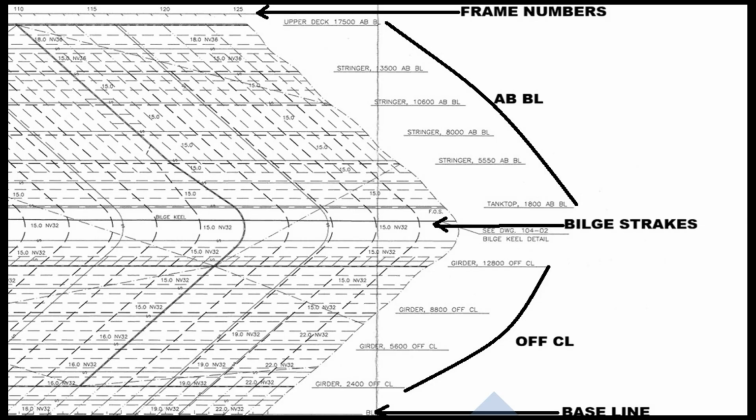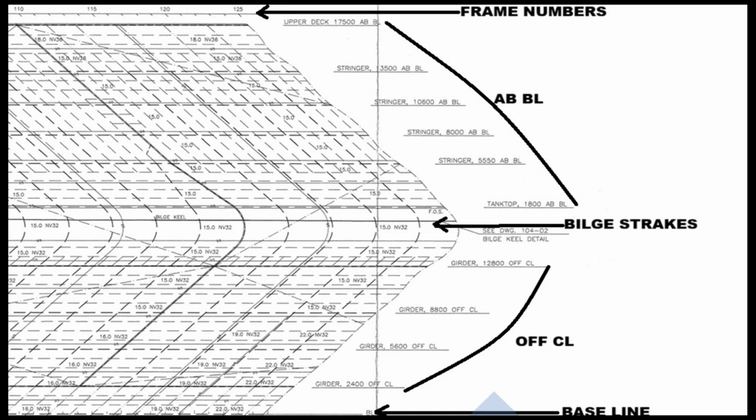Slide 21. Now let's combine everything we've learned and understand it on the actual shell expansion plan. Every location on a ship can be identified using 3 reference coordinates. The first coordinate is the frame number, which tells us the position along the ship's length. The second coordinate is ABBL, which tells us the height above the baseline.